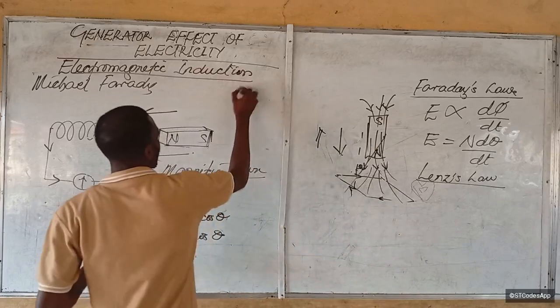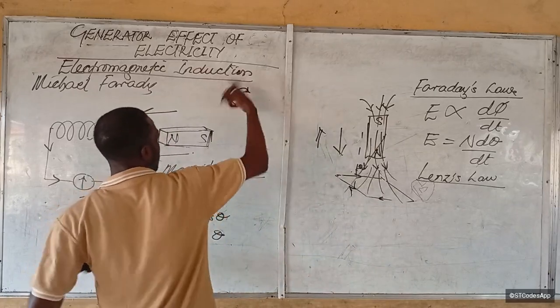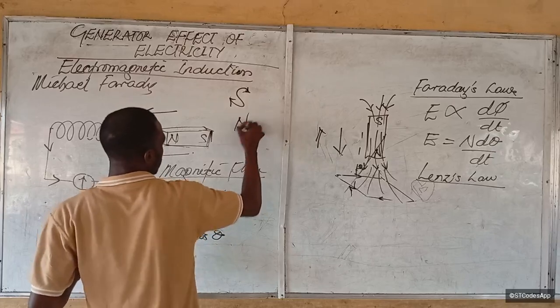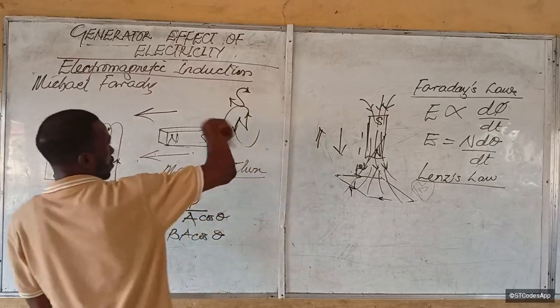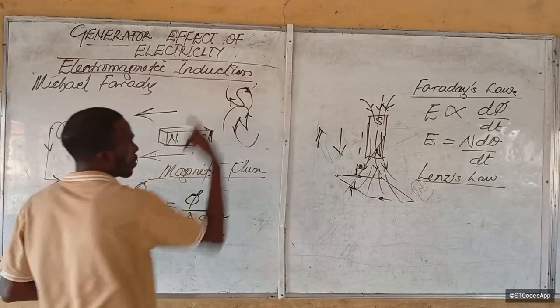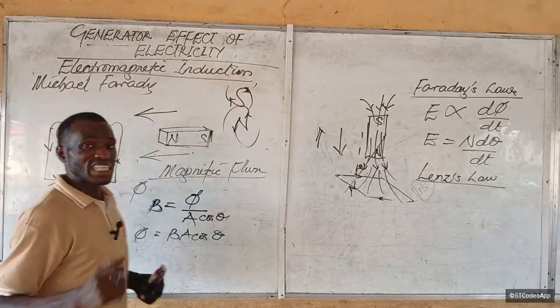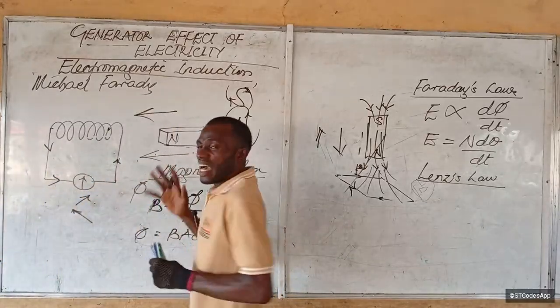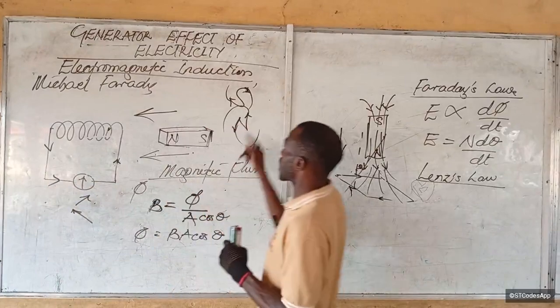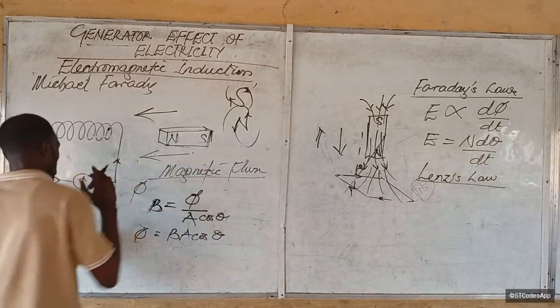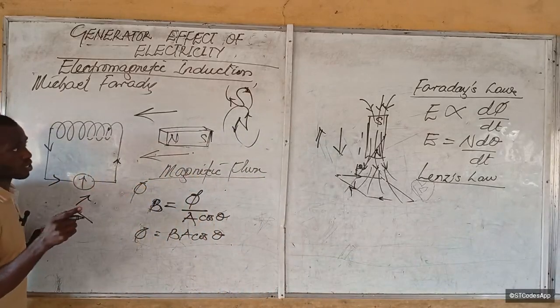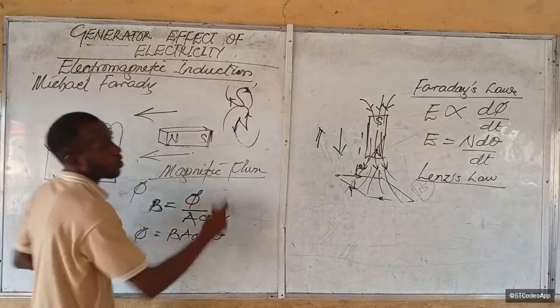I told you that clockwise is south, and anti-clockwise is north. Does that make sense? So the side from which you look, and the current seems to be flowing in the clockwise direction, will be your south. The side from which you look, and the current seems to be flowing in the anti-clockwise direction, will be your north.